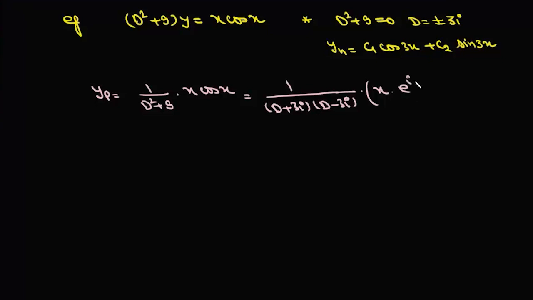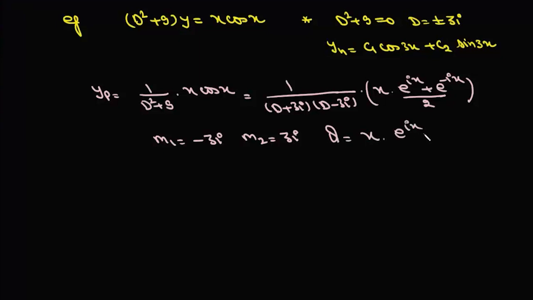So we can write this as e to the power iota x plus e to the power minus iota x whole divided by 2. Now here m1 is minus 3 iota, m2 is 3 iota, and q is x into e to the power iota x plus e to the power minus iota x whole divided by 2.